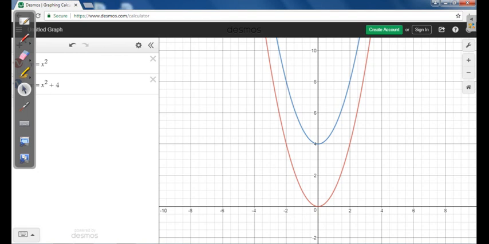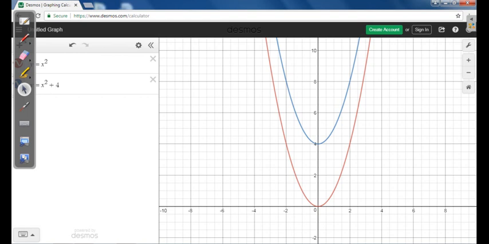What happened to the vertex? It changed, right? It changed from (0, 0) to (0, 4).